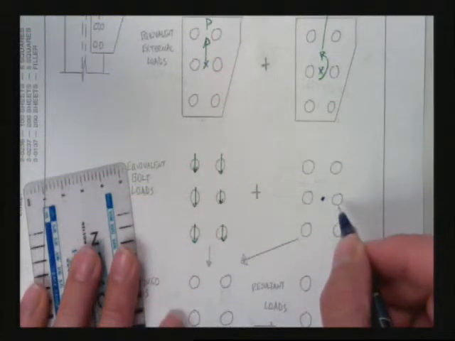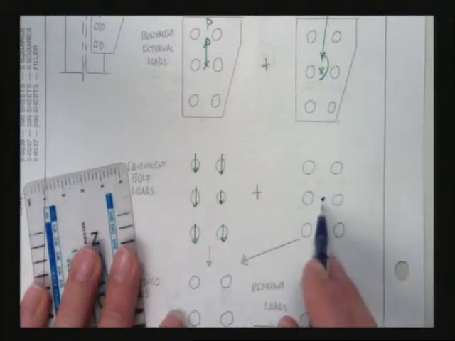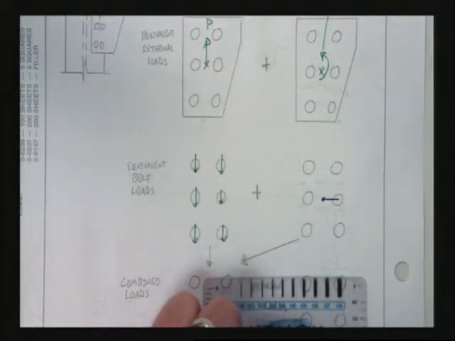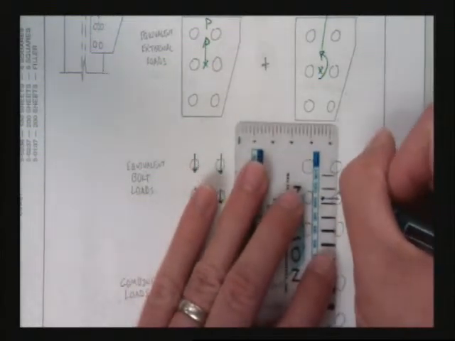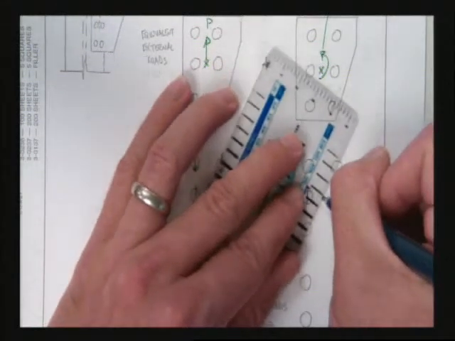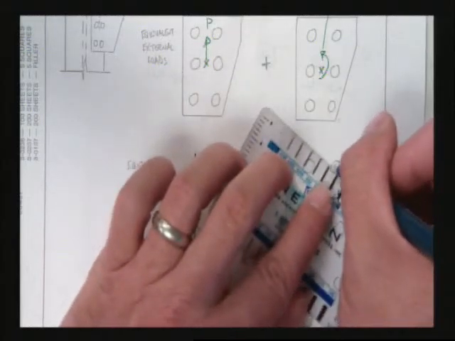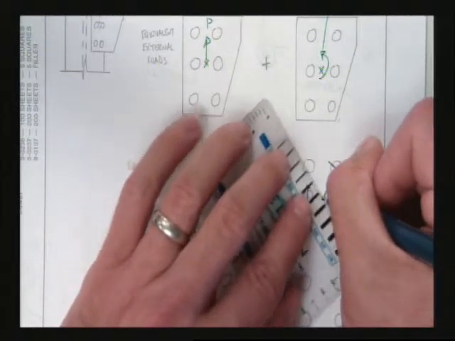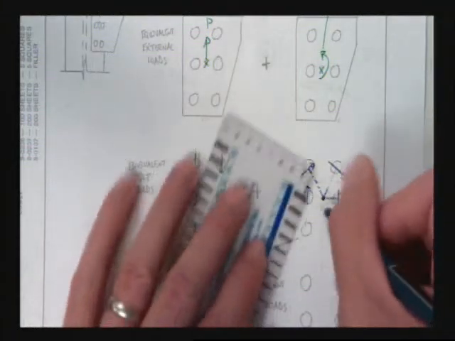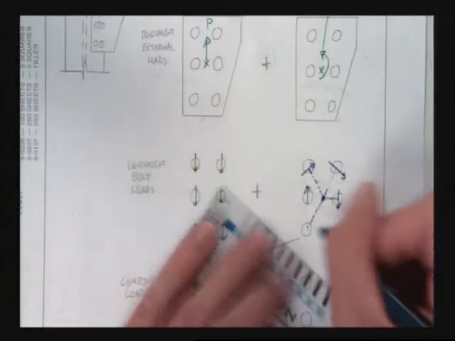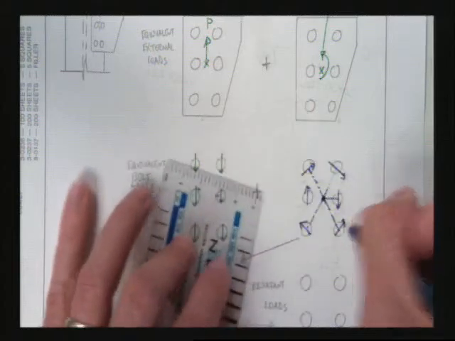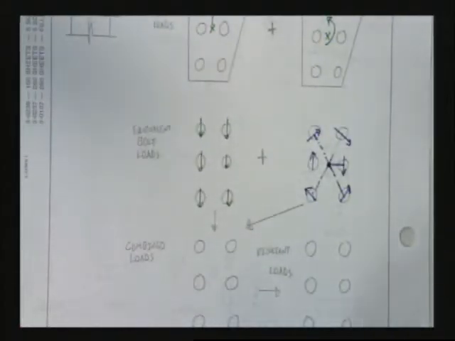And every one of our loads we would assume to be perpendicular to an imaginary line drawn from the center of stiffness to the center of the bolt. You with me? You guys okay with that?